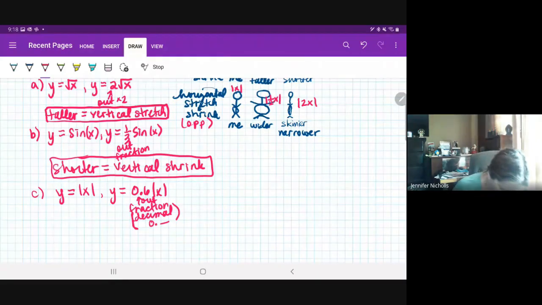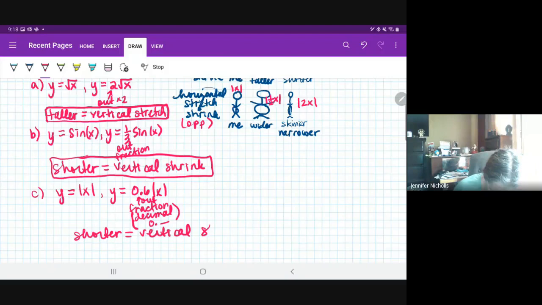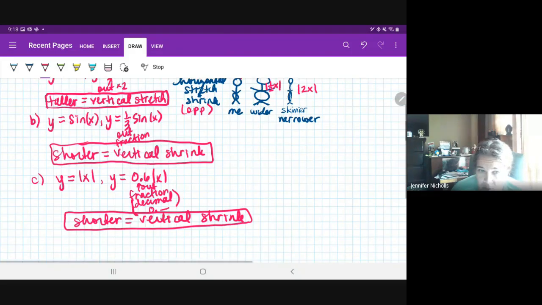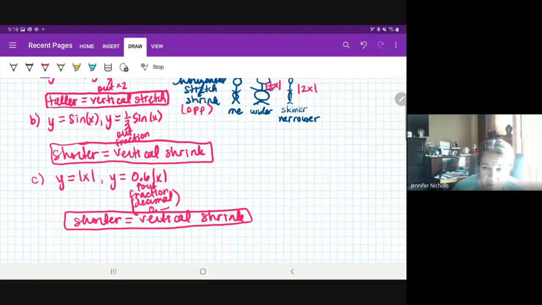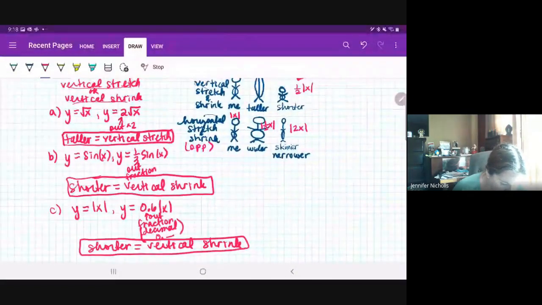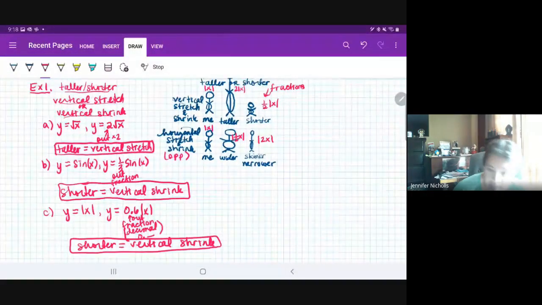Yeah, shorter. Okay, so shorter. So I'm going to have you write shorter and then vertical shrink. Sounds good? Okay, any questions on this so far? Your answers are only going to be taller, shorter, vertical stretch, or shrink, and that's it.